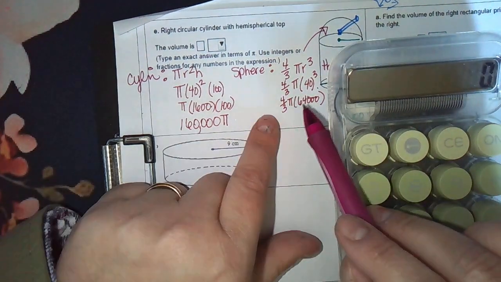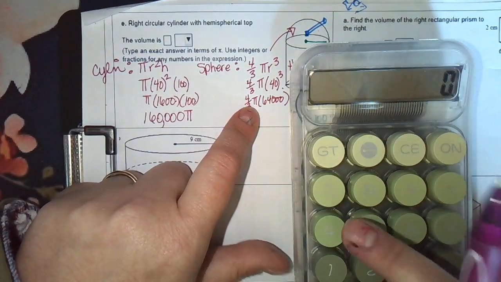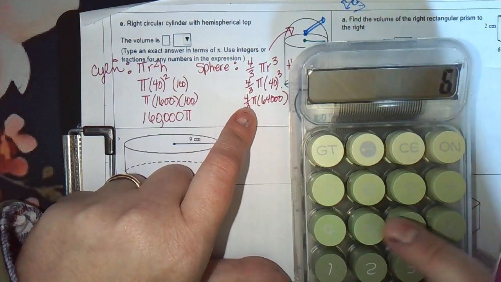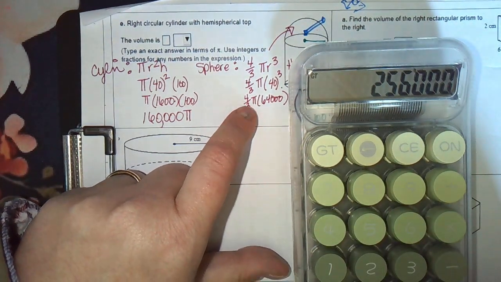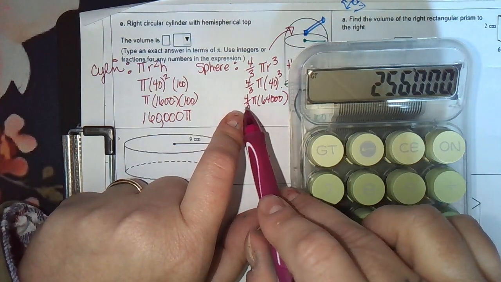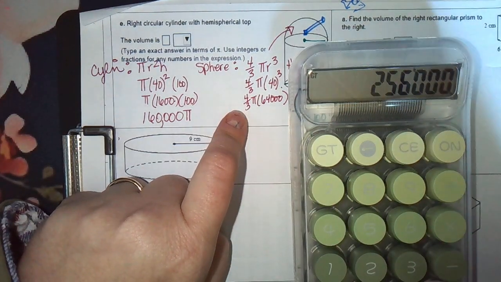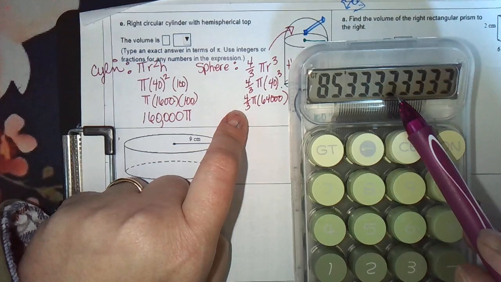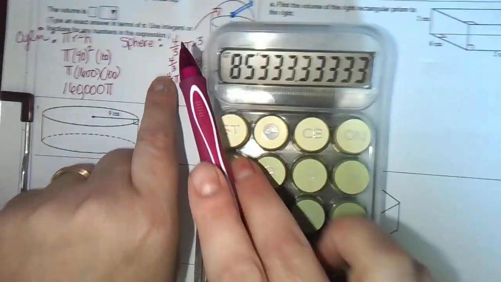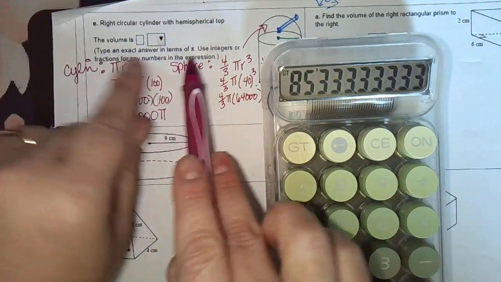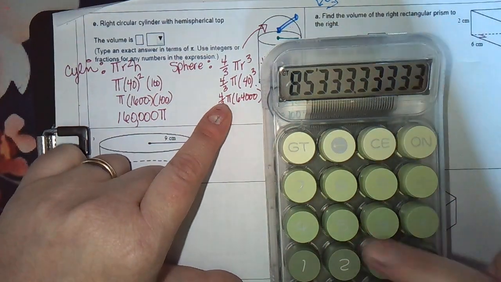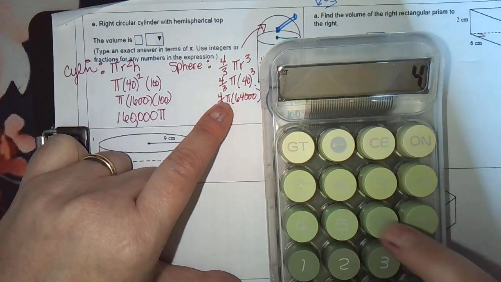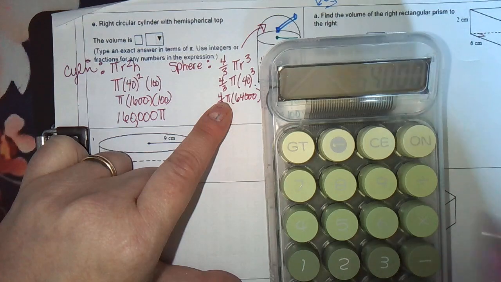If I put in 4 times 64,000 and divide by 3, I get a decimal, and it doesn't say anything about a decimal in the answer choices. So I'm just going to keep it dirty and do 4 times 64,000.